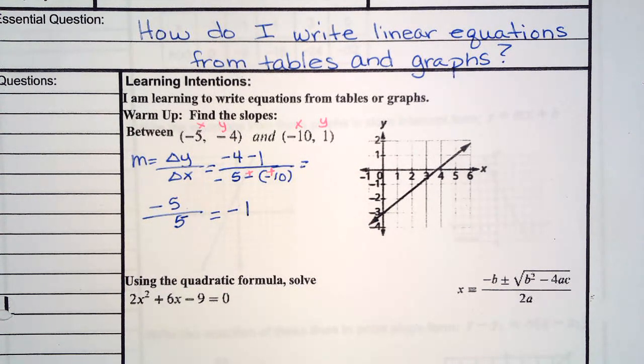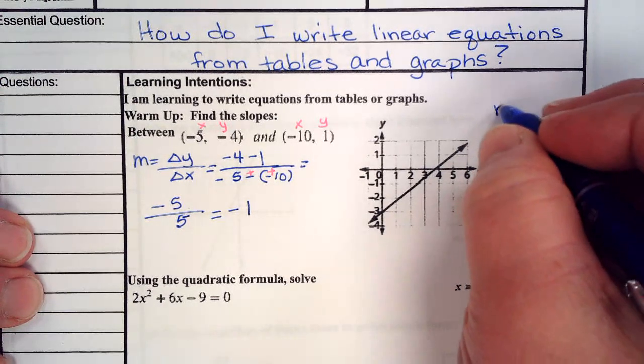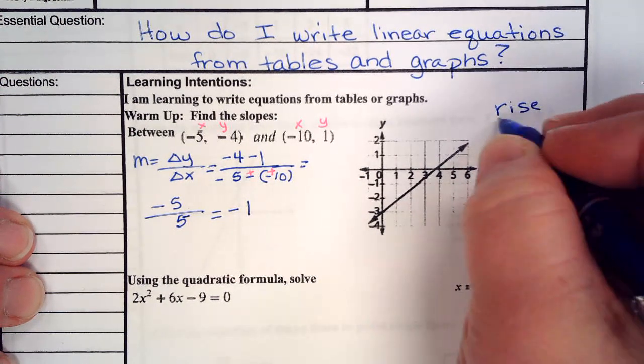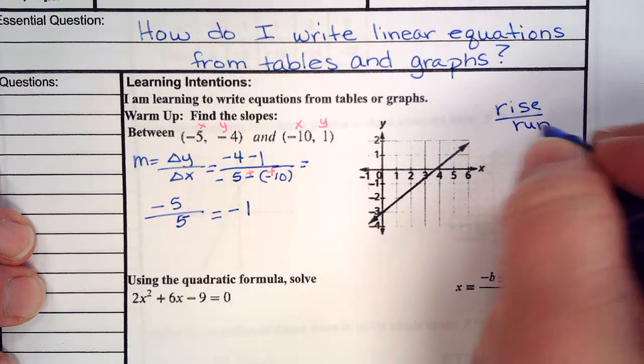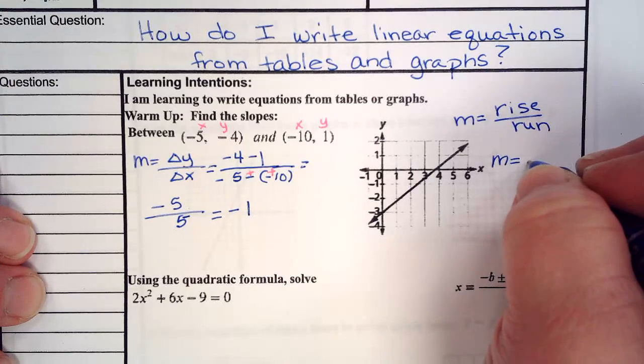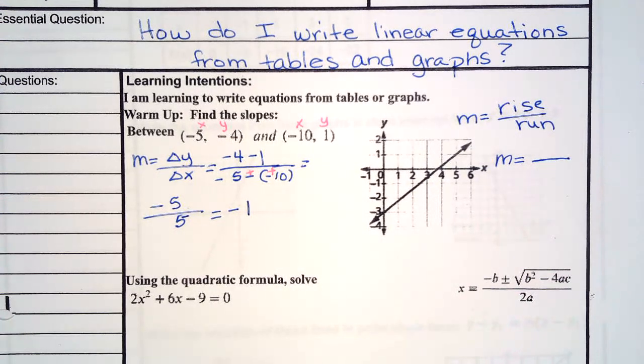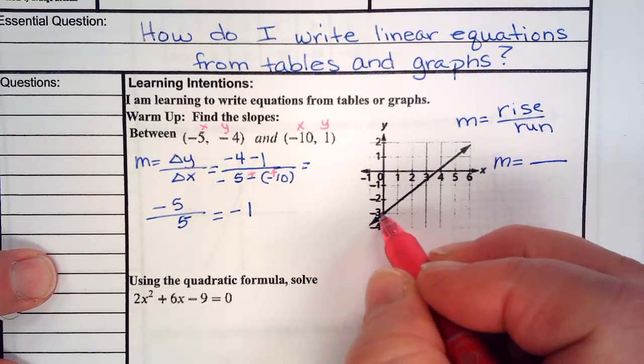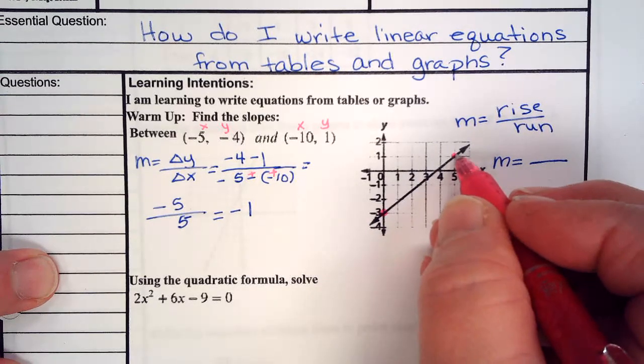On graphs, we're always looking at rise over run. We've got to create that right triangle. So I've got a point here where it intersects and then another one up here.